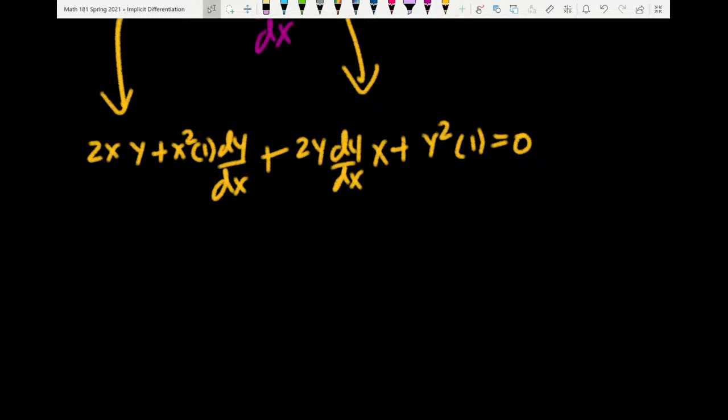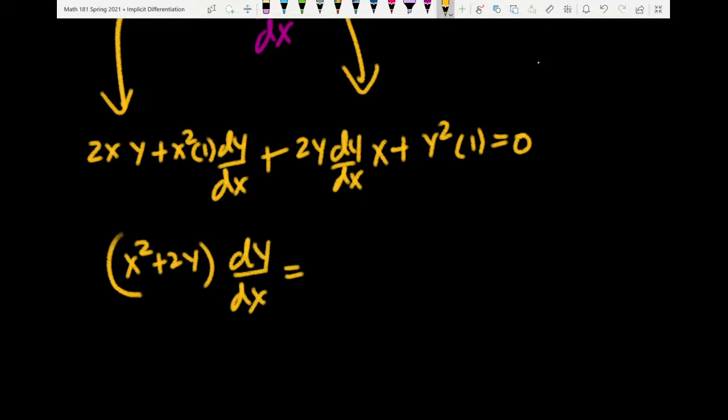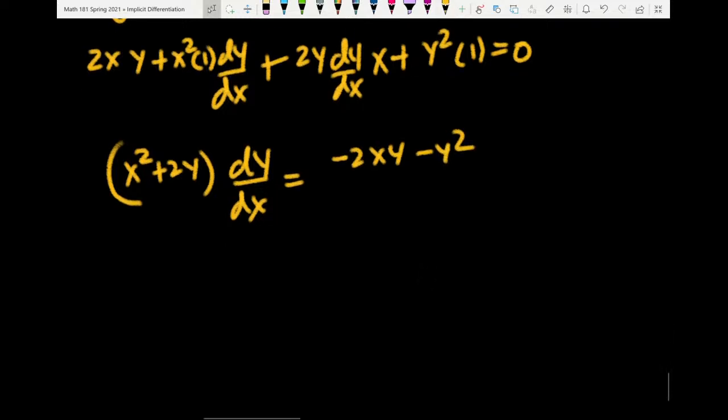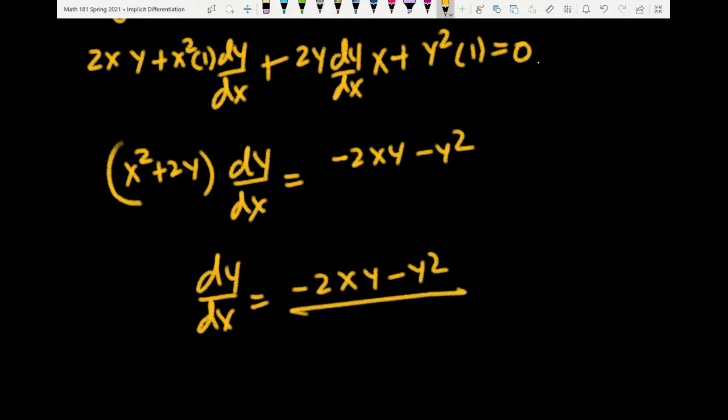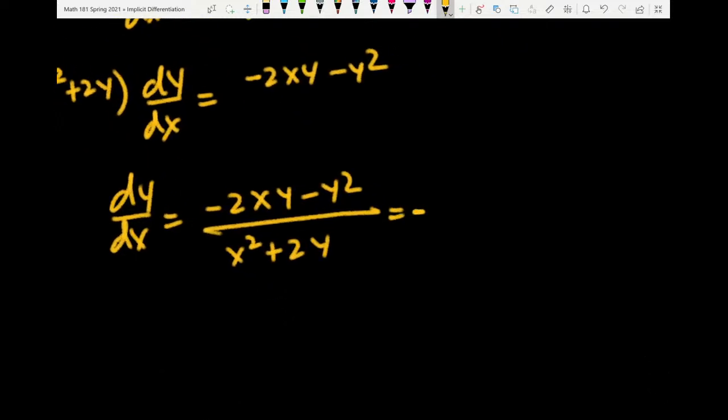Now let's simplify it. (x squared plus 2xy dy/dx) and on the other side you get 2xy plus y squared. So dy/dx equals negative (2xy plus y squared) over (x squared plus 2xy). Or you could also rewrite the problem this way. I just factor out the negative.